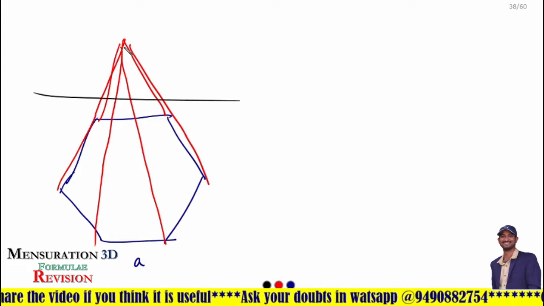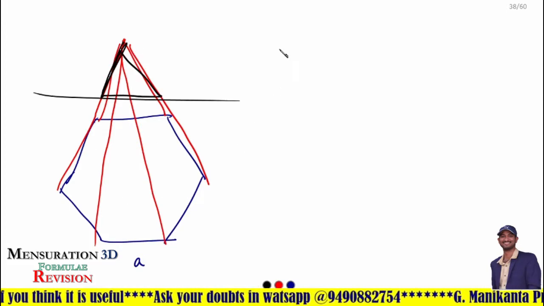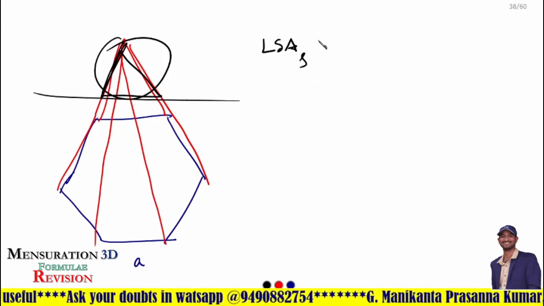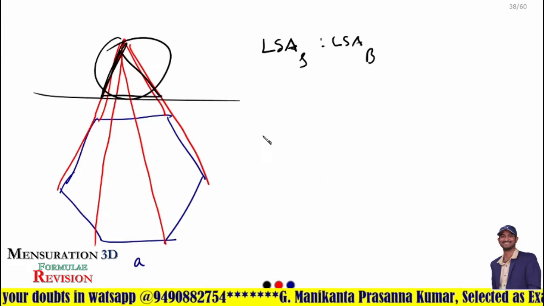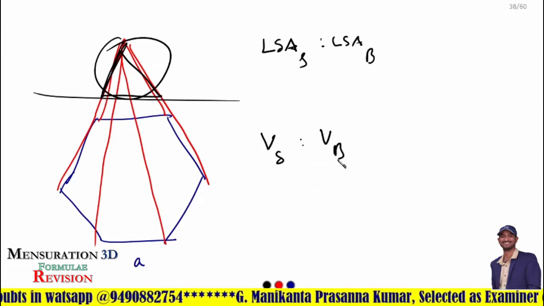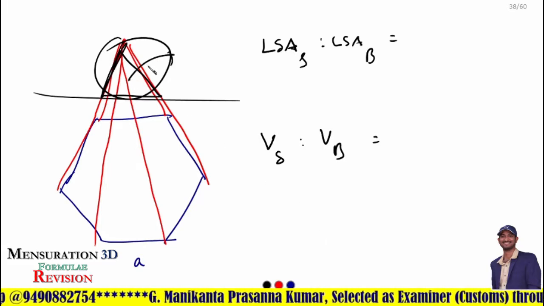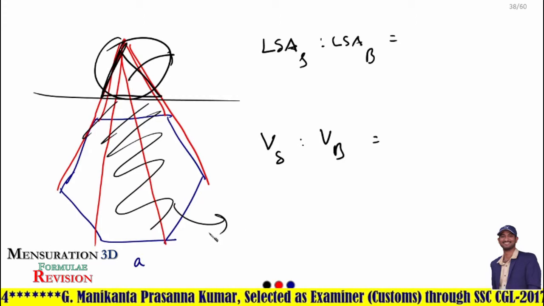Now, the lateral surface area of the small pyramid to the lateral surface area of the bigger pyramid, and the volume of the smaller to the volume of the bigger. One thing you have to remember, the upper portion is a pyramid, but the bottom portion is called the frustum of the pyramid.